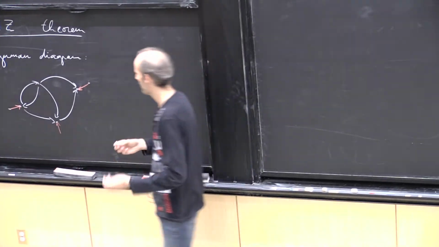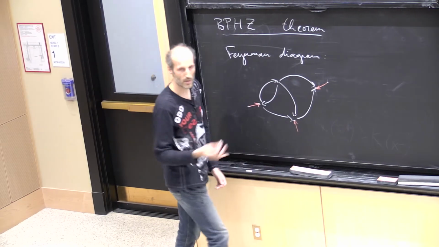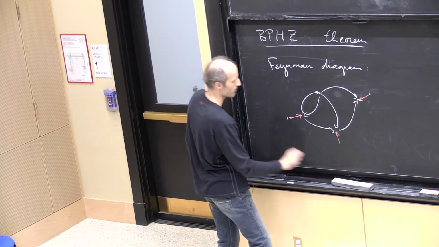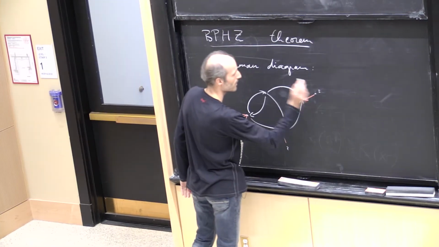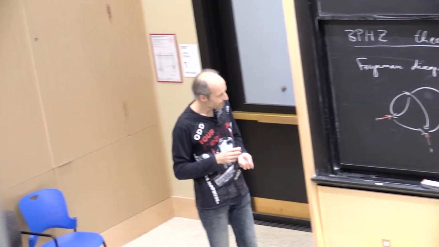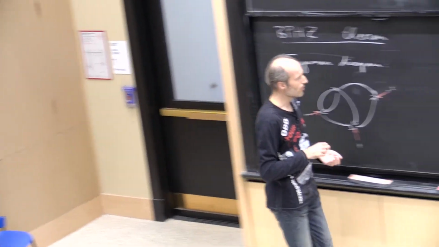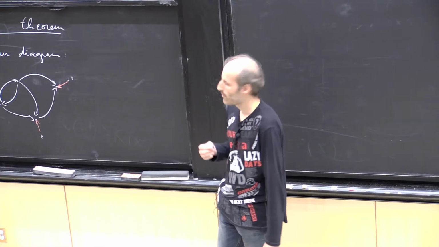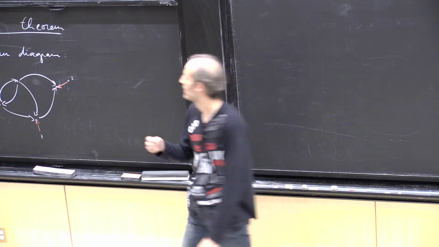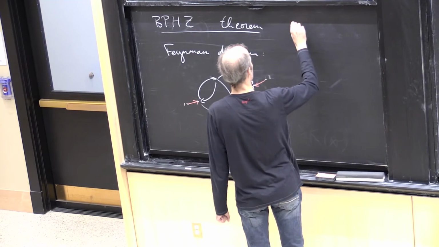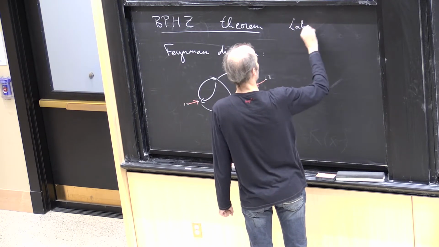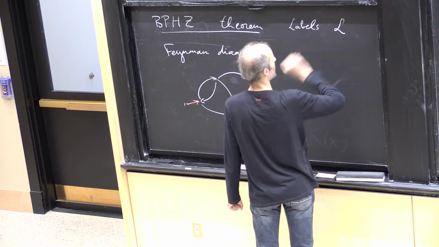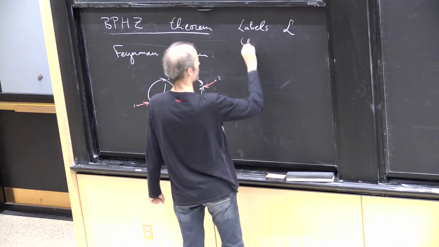And the red edges are furthermore numbered, say 1, 2, 3. And we also give ourselves a finite number of labels, say L. So that's just a finite set.